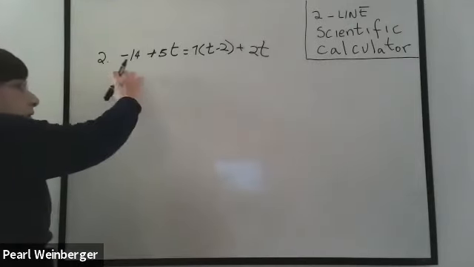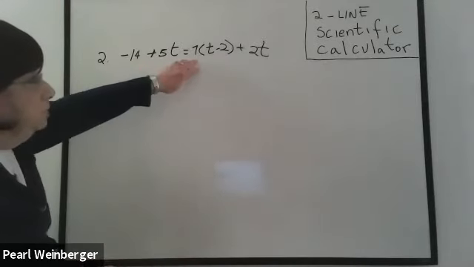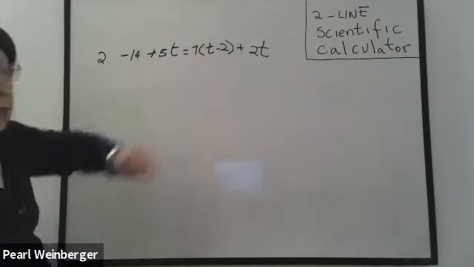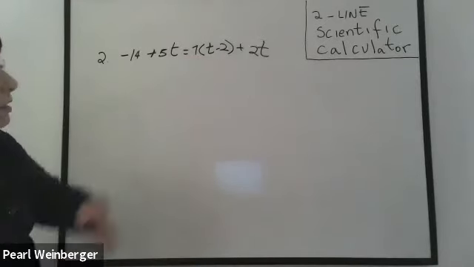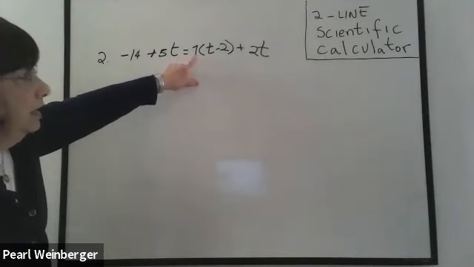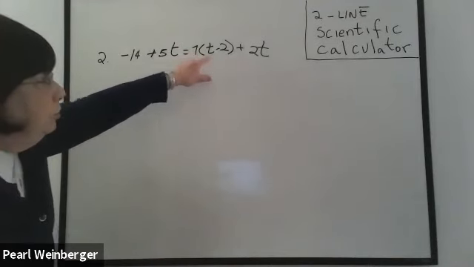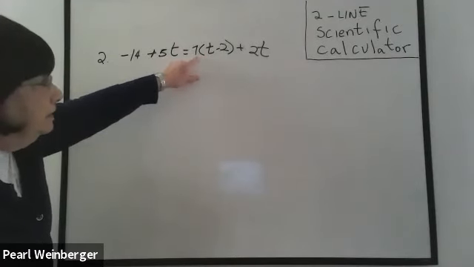So when we have an equation where there is a parentheses, what we first want to do is remove the parentheses. Now, when you have a parentheses and a number in front of it, what it's telling you is that you want to take this whole thing, 2t minus 2, and multiply by 7.